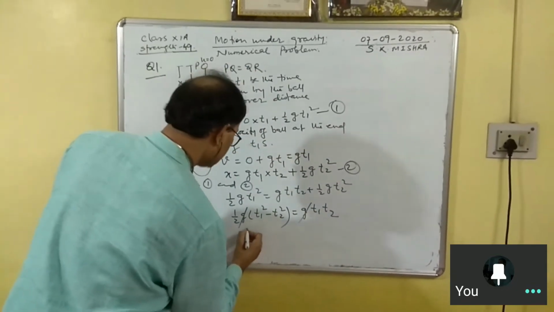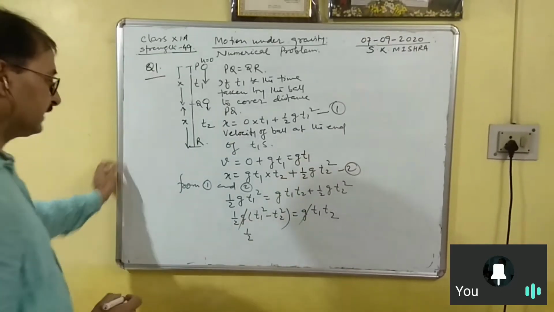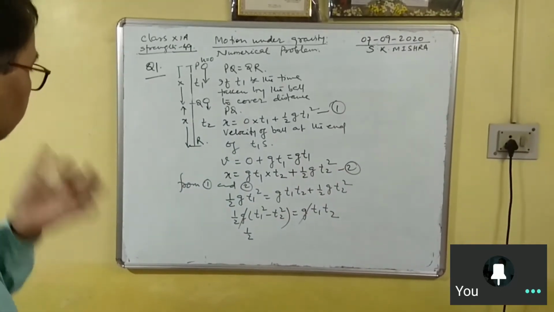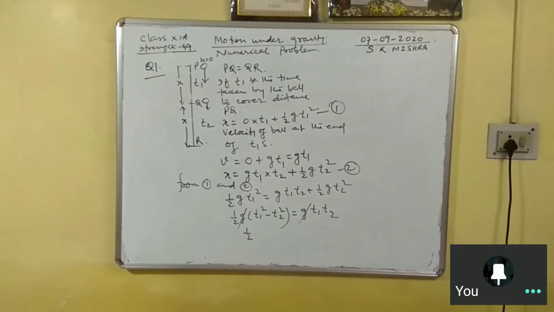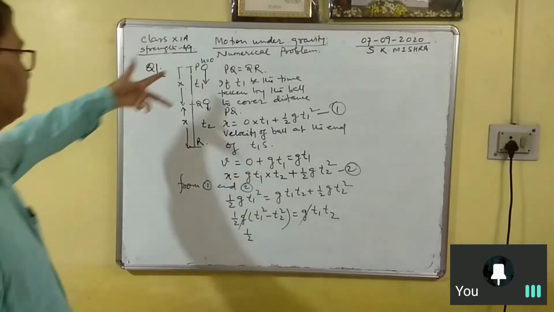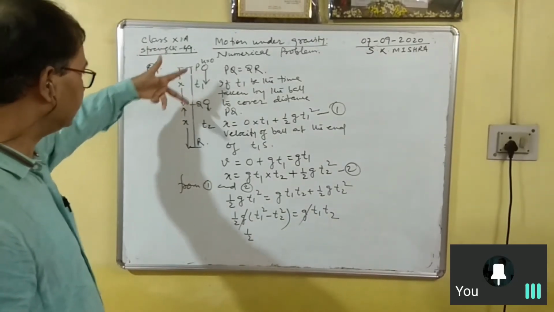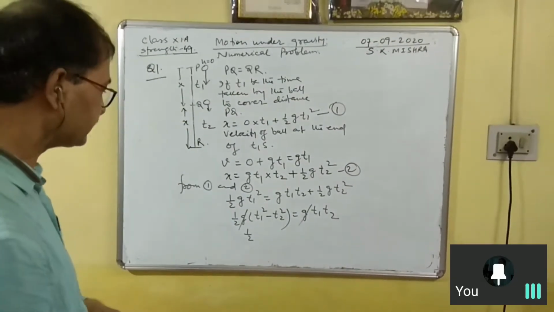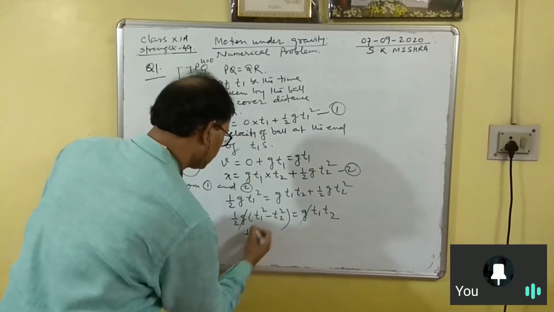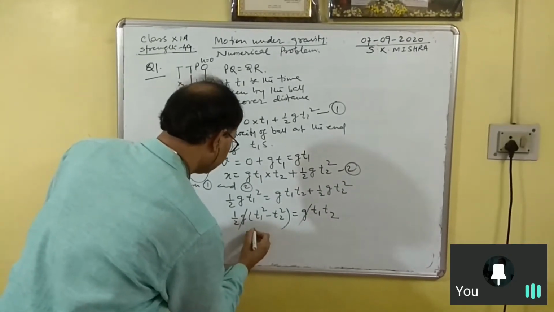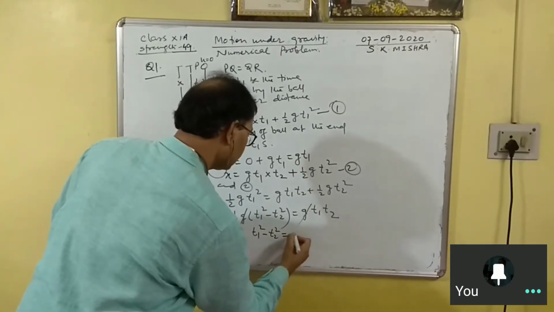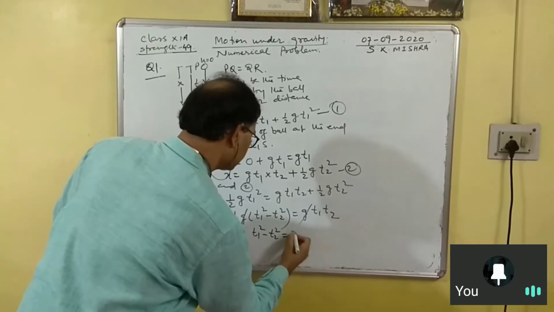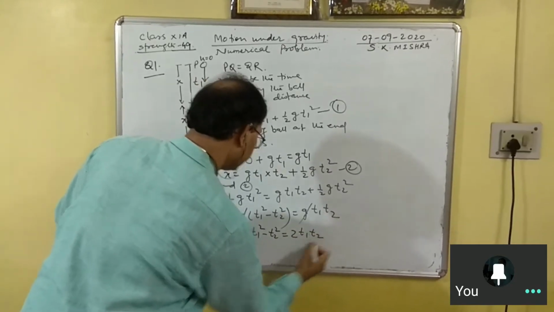Now you have to find the ratio of the times, T1 by T2. How will you find that ratio? So T1 square minus T2 square is 2 times T1 T2.